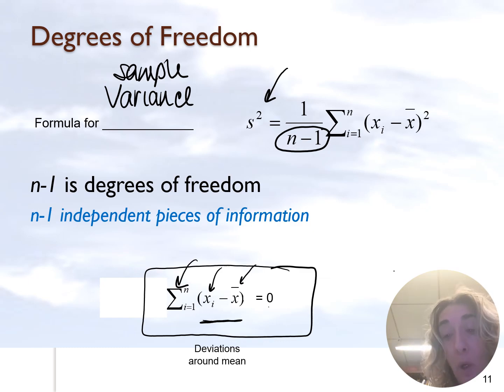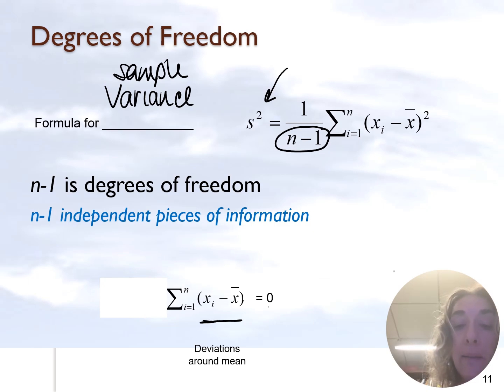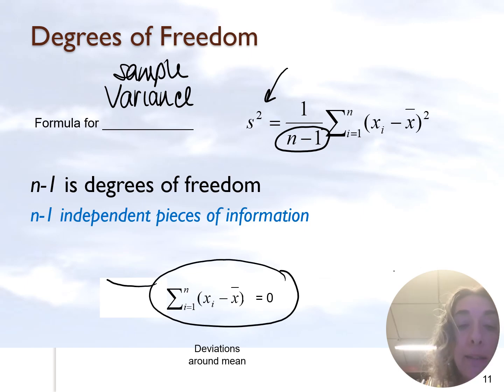Okay, that's a mathematical equality that we won't prove, but it is a fact. And in class, I will walk us through a numerical example that shows how this equality is connected to the fact that there are only n minus 1 pieces of independent information, and that leads to the n minus 1 in the denominator here.